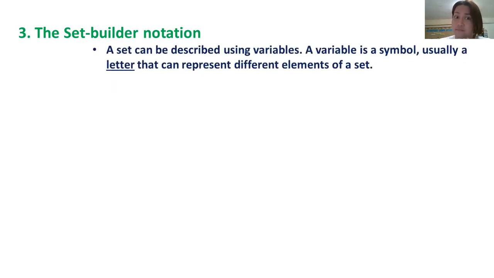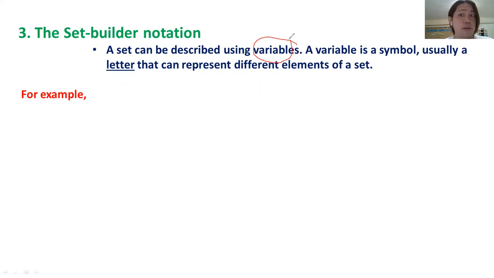So let's define first what is the set builder notation. A set can be described using variables. That's why I said it's more mathematical, because we describe the set using variables.